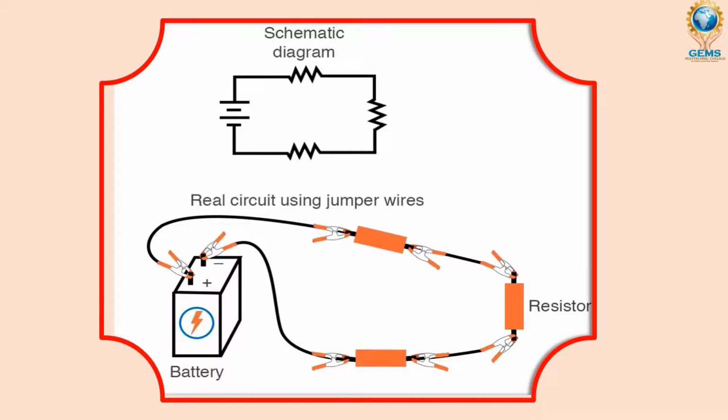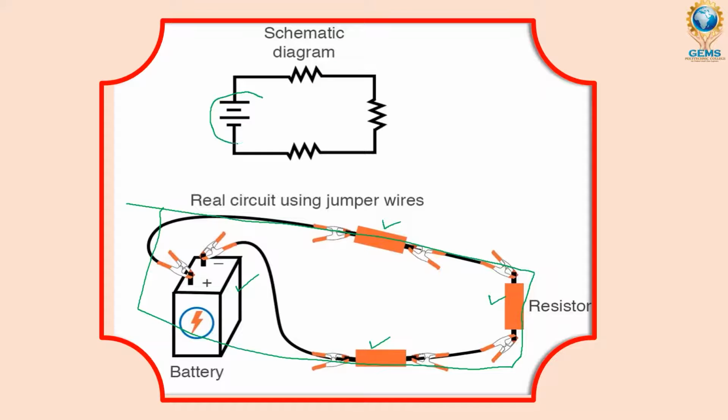Here you can see we are taking one battery. Here we have connected 3 resistors physically, meaning we are taking resistors and connecting them through wires. This is the physical connection. In the circuit we will represent it like this.